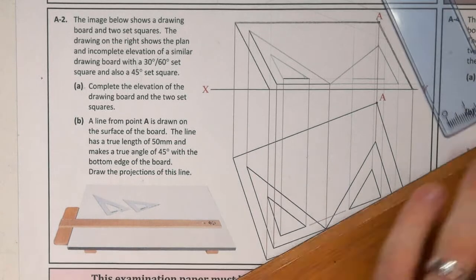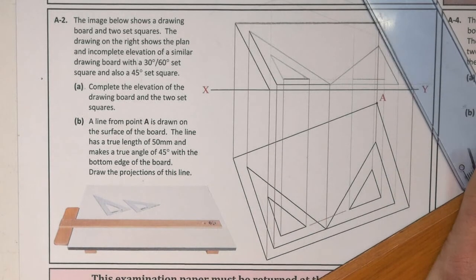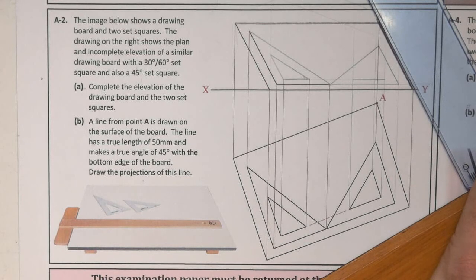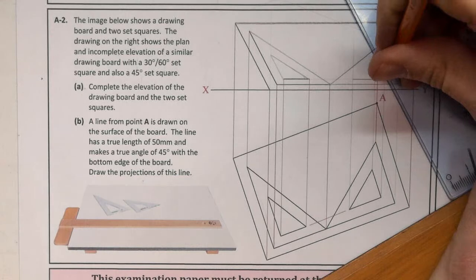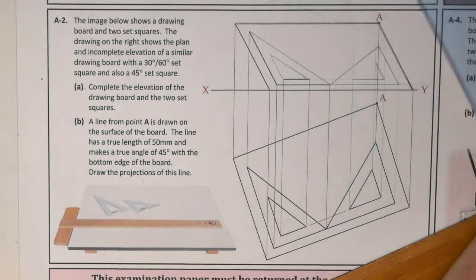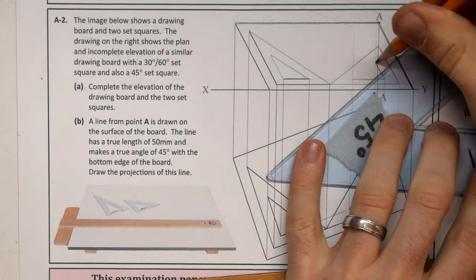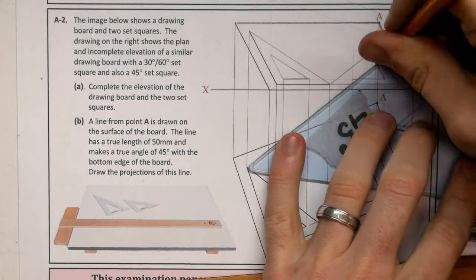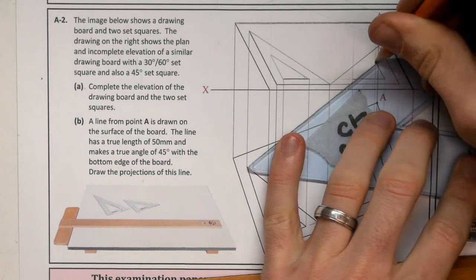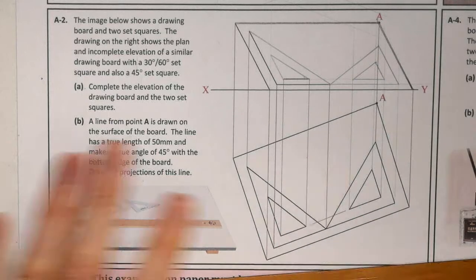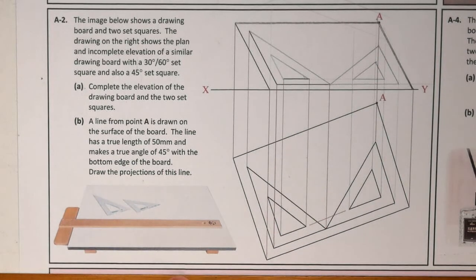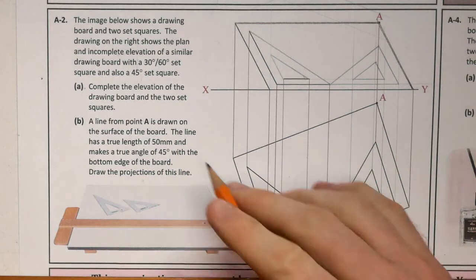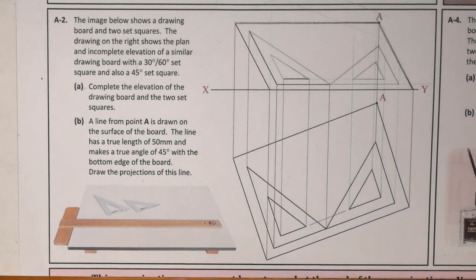So running parallel to the edge, to the side, and I can join that back, and we'll see that that is parallel also. So that is the projections of everything there.